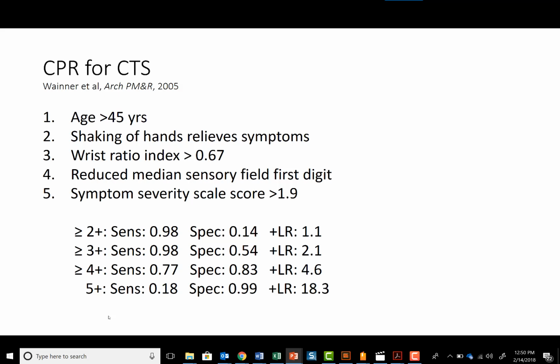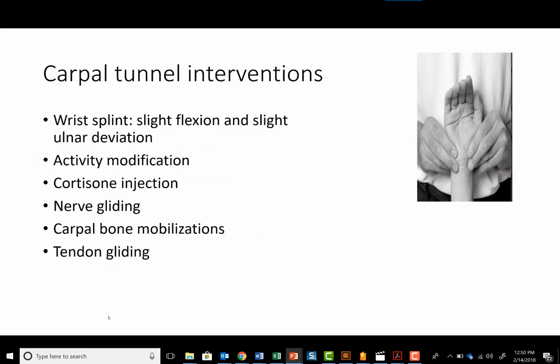If they were more than 1.9 on it, you can Google the symptom severity scale. You can look at it. If all those 5 were there, they had a positive likelihood ratio of 18.3, which is a very large shift that they have carpal tunnel syndrome. If you have 4 of them, the likelihood ratio is just 4.6. So something to think about there.